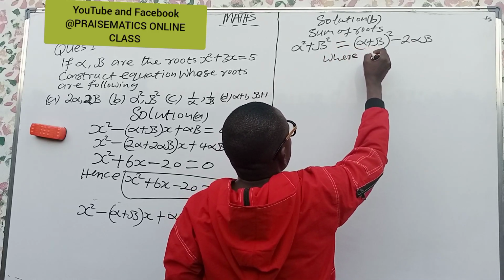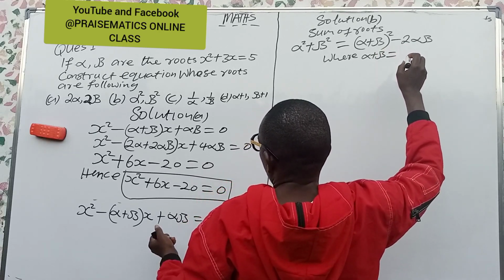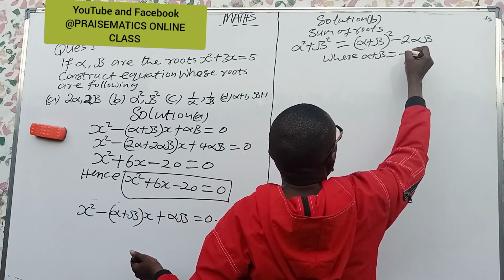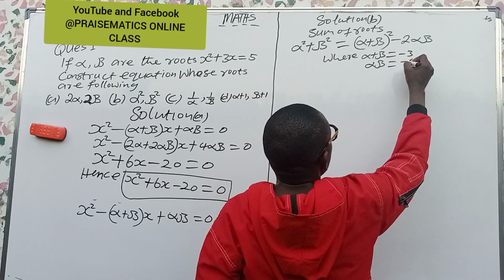Alpha plus beta is minus 3, and alpha beta is minus 5.